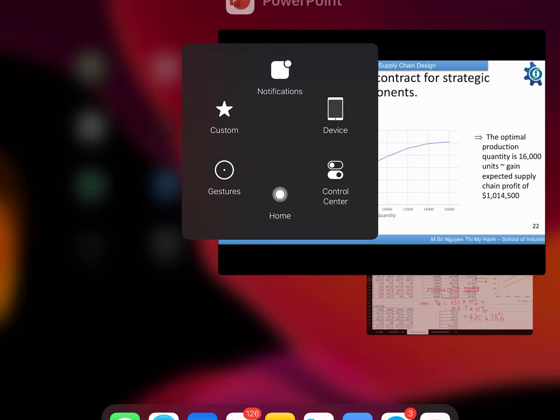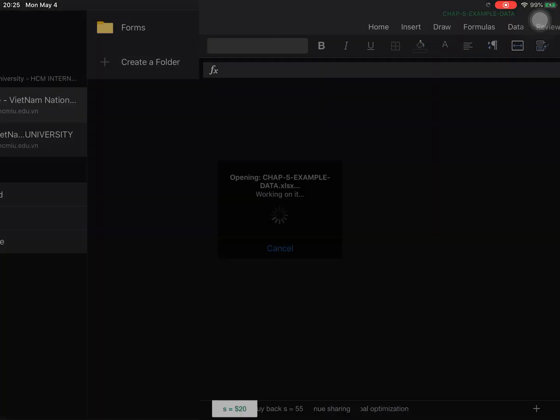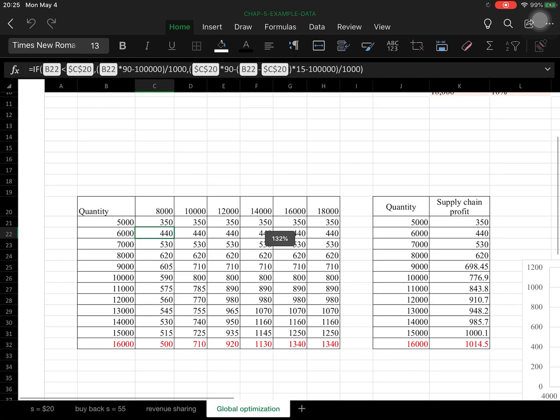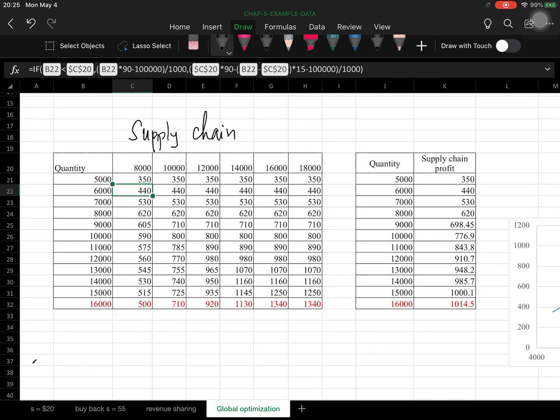Here is the whole supply chain. We again have two situations. When Q is less than demand, the profit of the whole supply chain equals the quantity multiplied by the marginal profit, that is 90, minus the fixed cost.